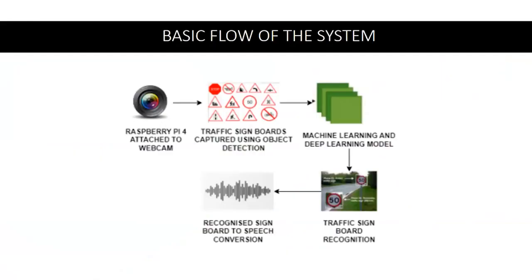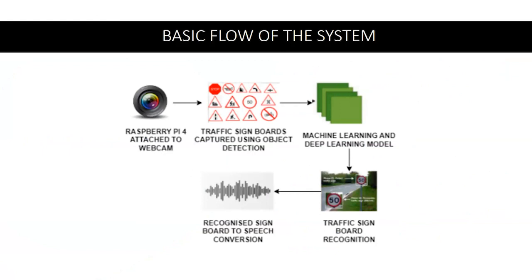So let me explain the basic flow of the automated system that we have proposed here. Initially, using the webcam, it will be the car's webcam, we will capture the traffic board signs, and using object detection, that sign would be captured. That sign would be passed to the machine learning model, and it would be recognized what the sign is.